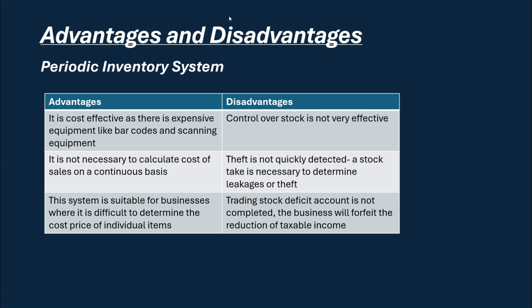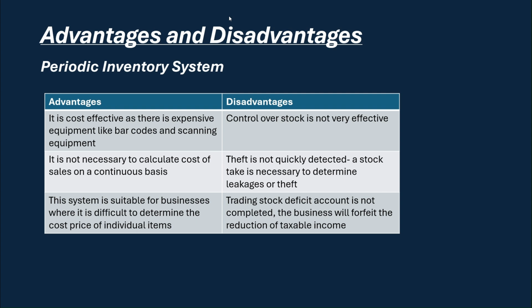And that means that now something is wrong, something is missing. Where is the stock that should be balancing with the stock that's in our accounts, right? So meaning that things were stolen. So that's basically what we mean by a trading stock deficit right there, right? Then that means that now there's less stock, right? It's less because it was due to theft, loss, damage, or maybe if there was an error, right?